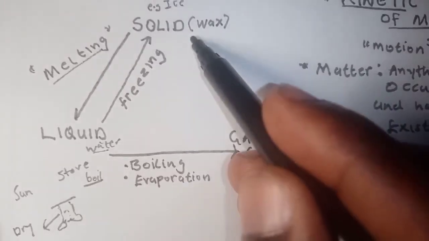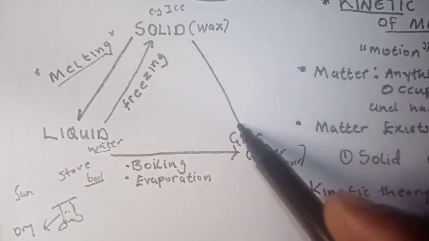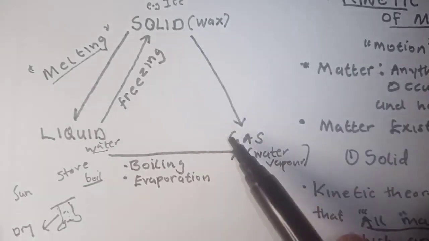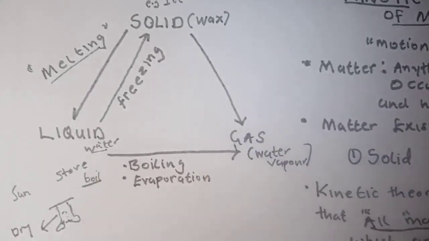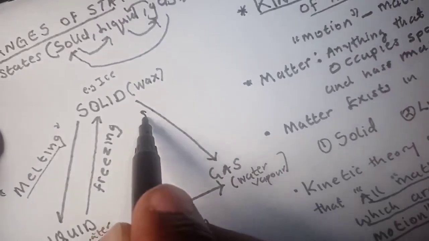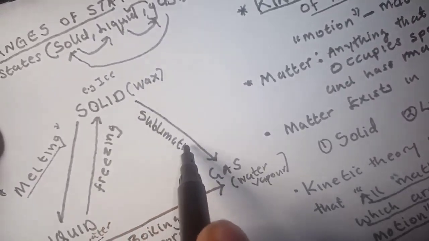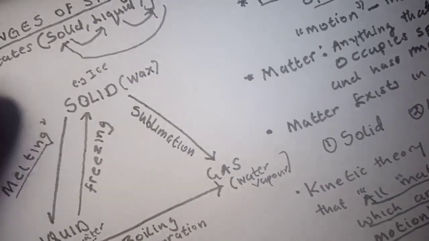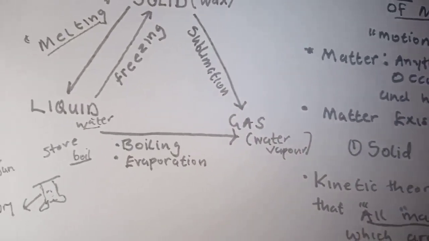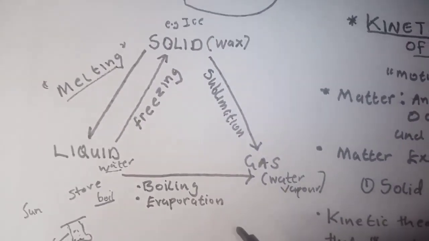Then we have this now, where solid is changing to a gas. So the direct change from solid to gas here in chemistry is called sublimation.